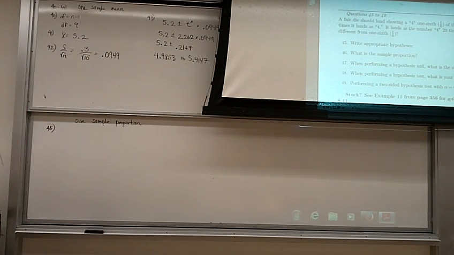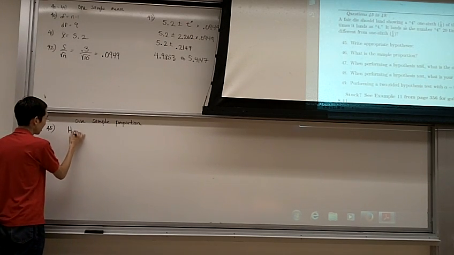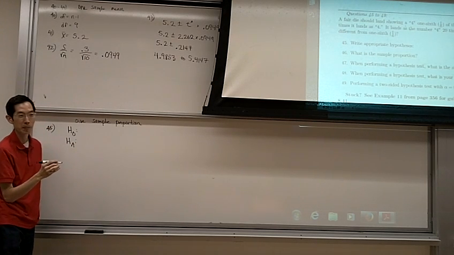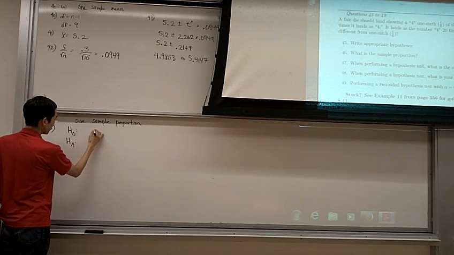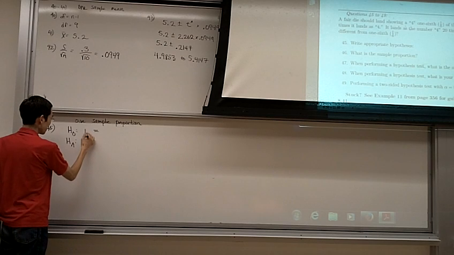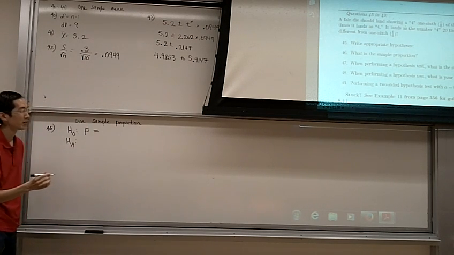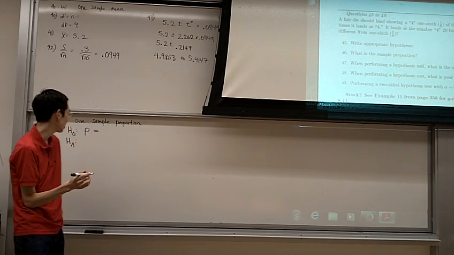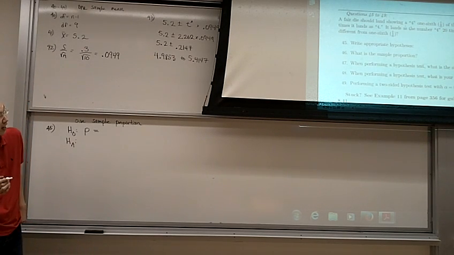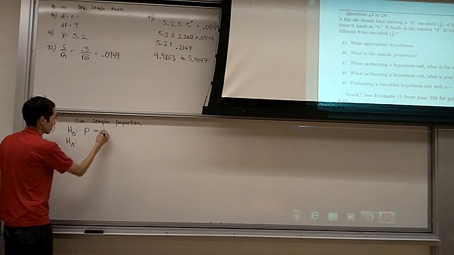Alright, one sample proportion. What are the appropriate hypotheses? When you're dealing with one sample proportion, our null has what symbol in it? Equal. Okay, there is an equal, but are we using mu or p? One sample proportion p, no hat, right? Okay, and it should be equal to 1/6, okay?